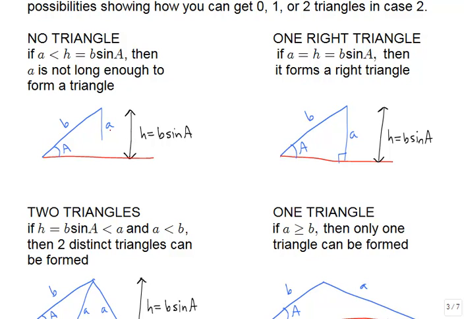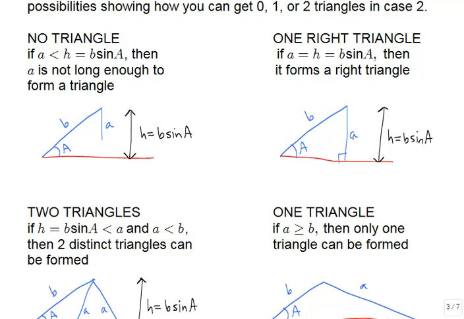So I'm going to compare this side a to this perpendicular height h. If the side a is smaller than that perpendicular height h, then side a is not going to be quite long enough to touch the bottom down here and form a triangle. So if that happens, then you would have no solution. You would have no triangle.